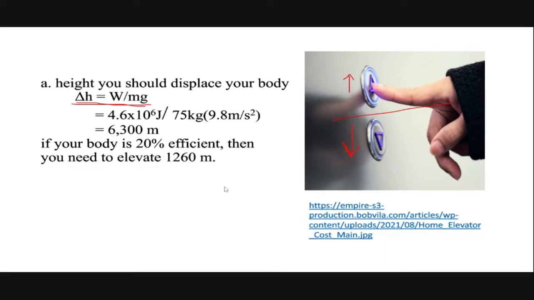That is a trip in the elevator that you need in order to burn 4.6 times 10 to the power of 6 joules of energy if your body is 20% efficient.